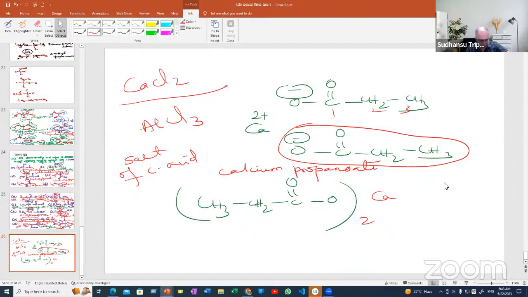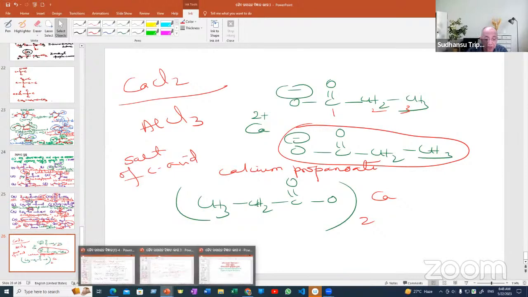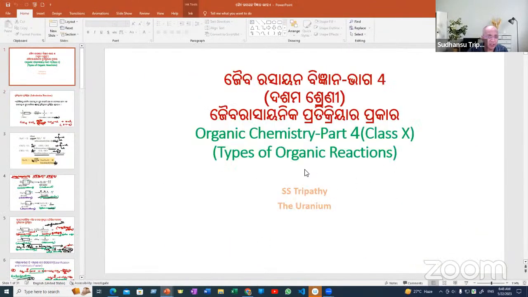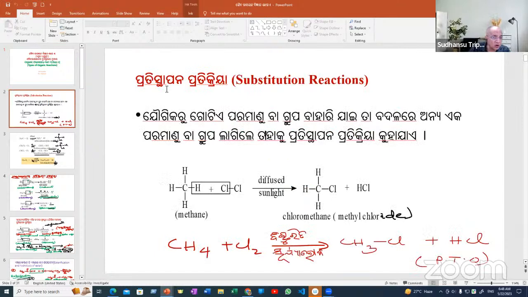Now, since we have got 2 minutes, just let me introduce what we are going to do after this. In organic, there are only 5 types of reaction. One of them is called substitution. One goes, one comes.